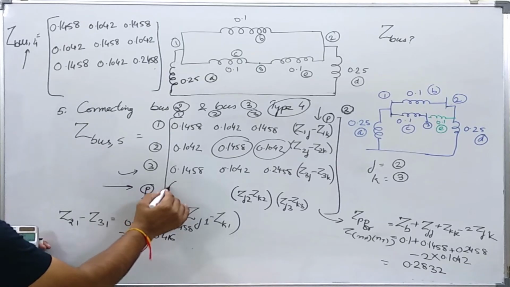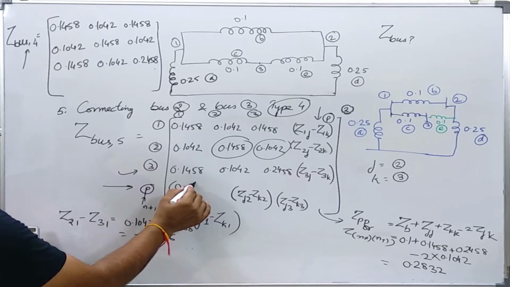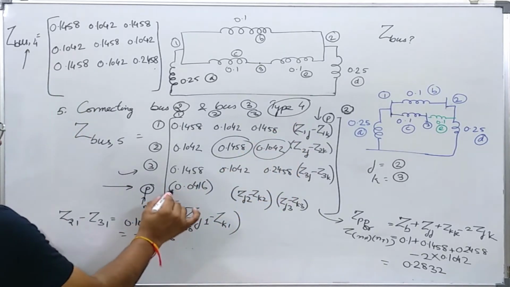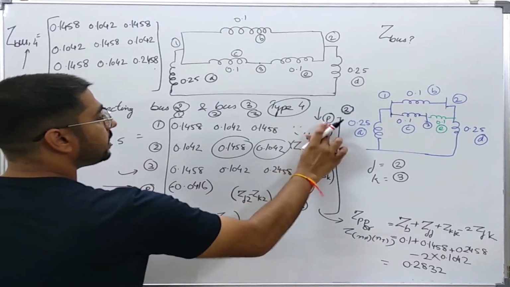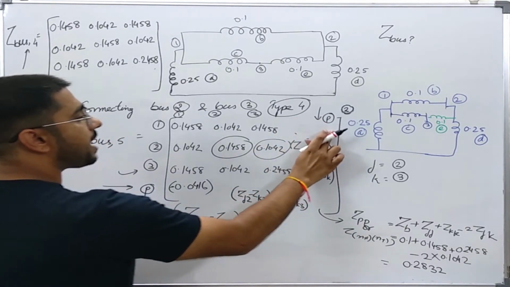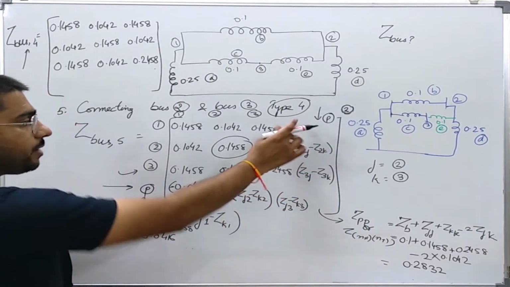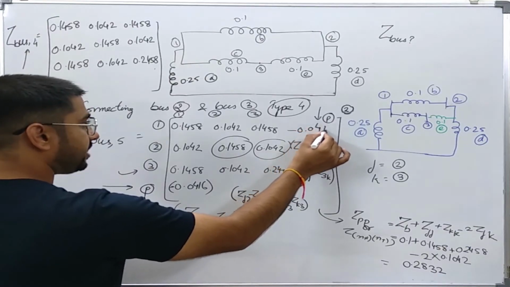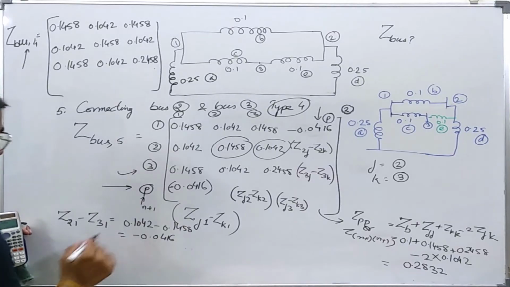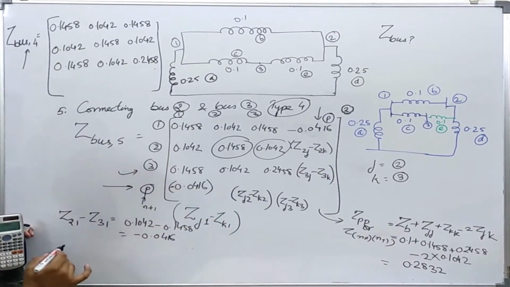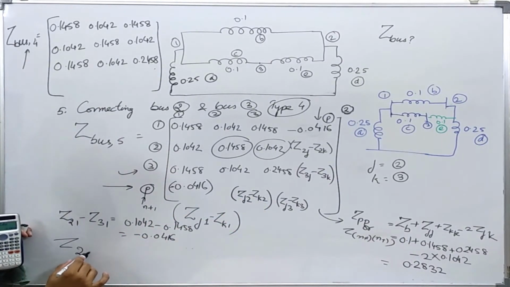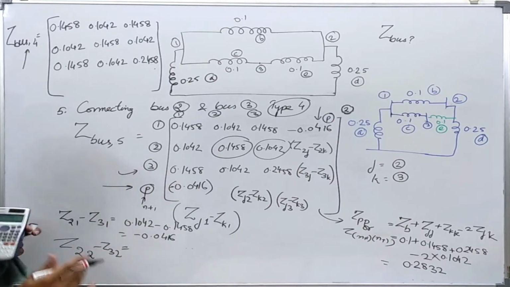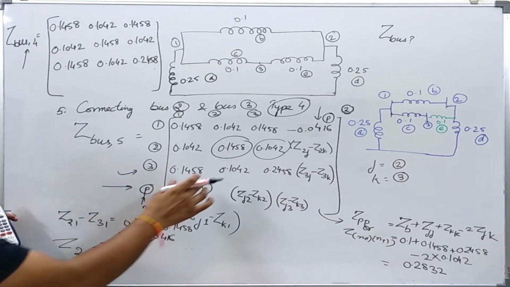So this element will be minus 0.0416. Similarly, because it is a bilateral network, I don't need to calculate the transpose element again; it will be minus 0.0416.